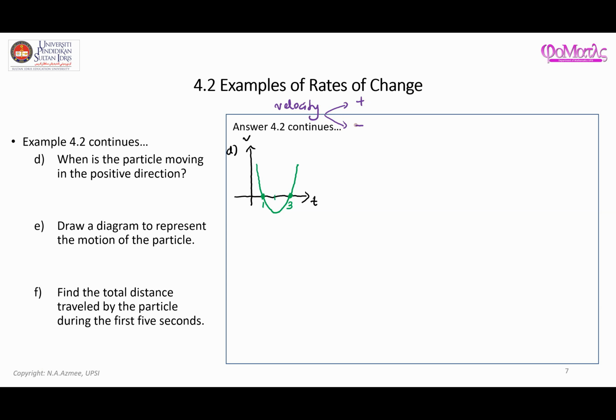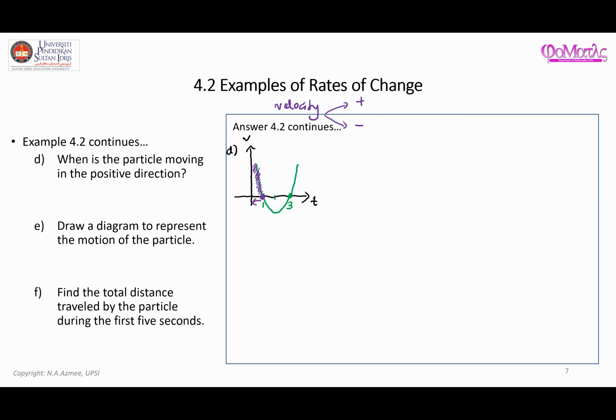And if you have a negative sign, it's going in the backward direction. So in this case, we can see that these are the positive values. And at this point, the particle stops. So it is not moving, it stops. Therefore, we can say that the particle is moving in the positive direction when t is less than 1.